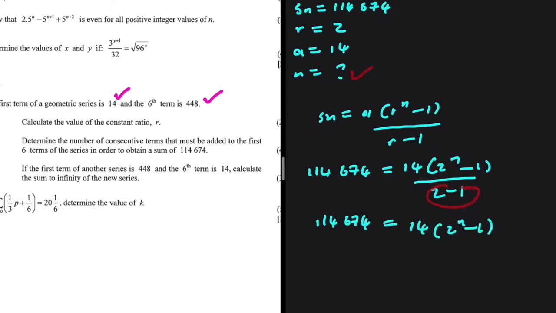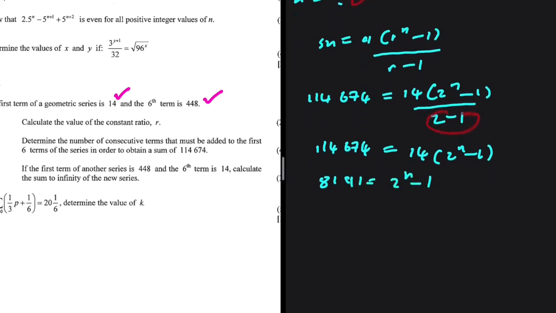So we are dividing both sides by 14. If we do that, we're going to have 8,191 being equal to 2 to the power n minus 1. If we take minus 1 to the left-hand side, we're going to have 2 to the power n being equal to 8,192.